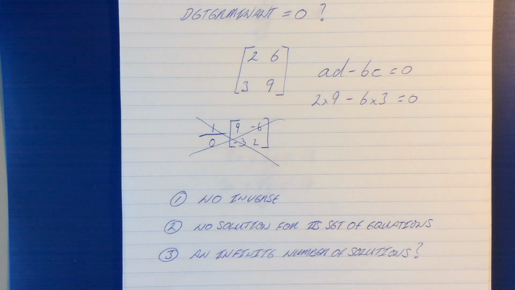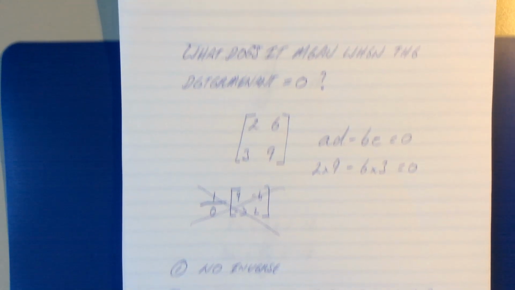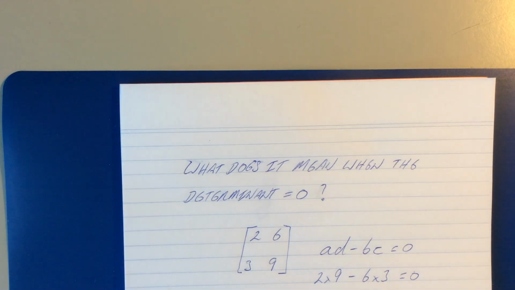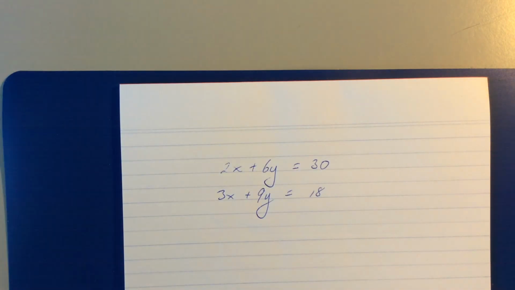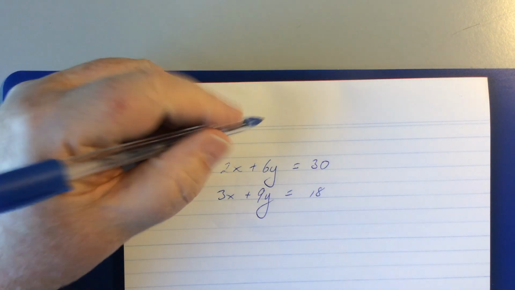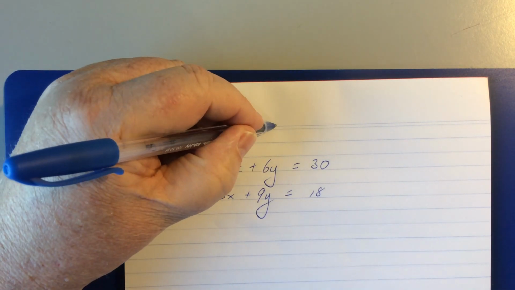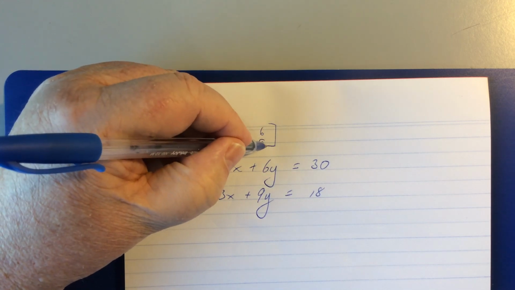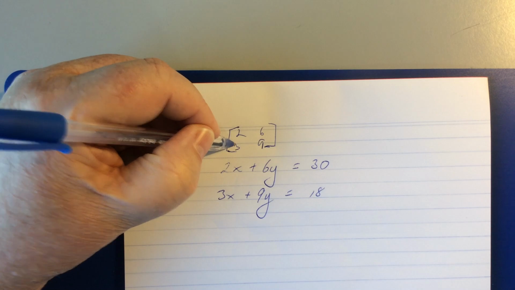Now, what does that mean? Well, let's have a look here. Just on the next page, I've got some numbers. What I've done is I've taken the numbers from the matrix, so just to remind you, 2, 6, 3, 9. It's a little rough, I apologize for that.